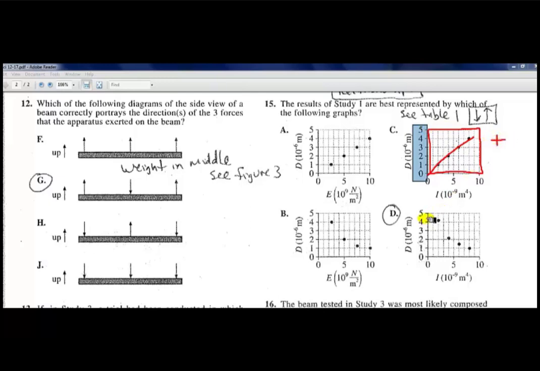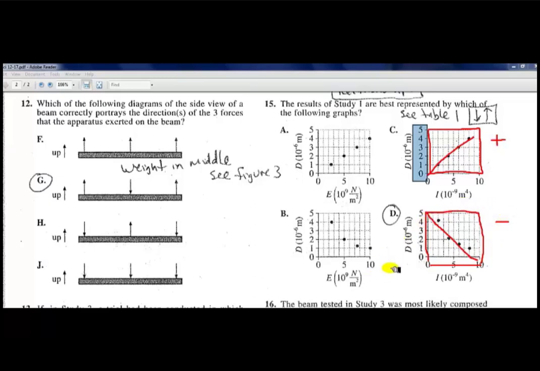If you look at answer choice D, we go from 0 to 10, which is increasing. But now we're going from 5 to 0. The numbers are going from high to low, which reminds you of a down staircase. And a down staircase from the mini lecture is always going to be a negative or indirect relationship.